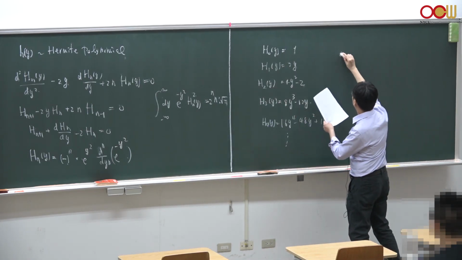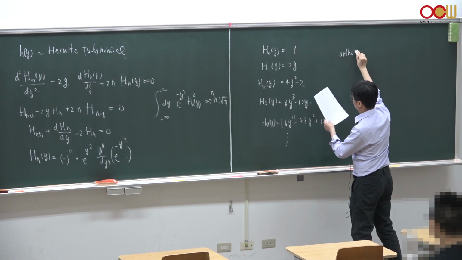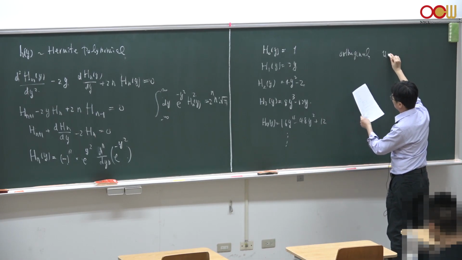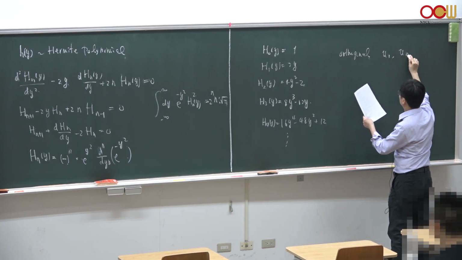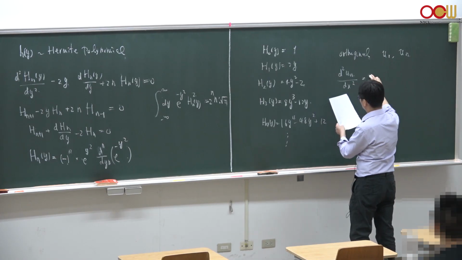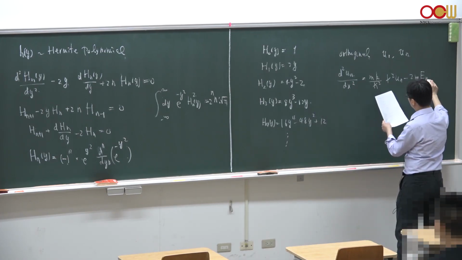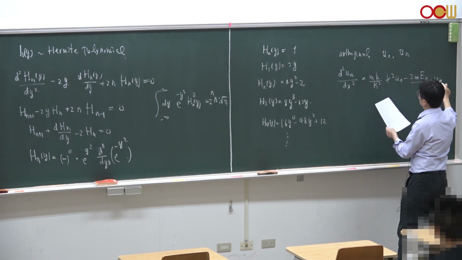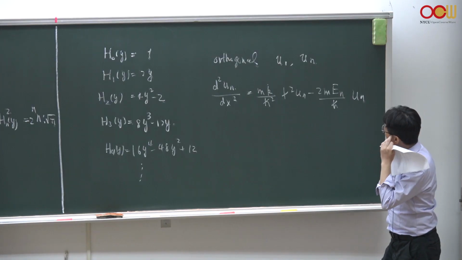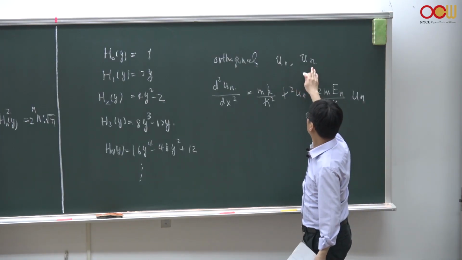So let's check this orthogonality between two different eigenfunctions, say u1 and un. Let's go back to this Schrödinger equation. Suppose we know the eigenenergy of u1 and un, and we also find the Hermite polynomial for u1 and un.